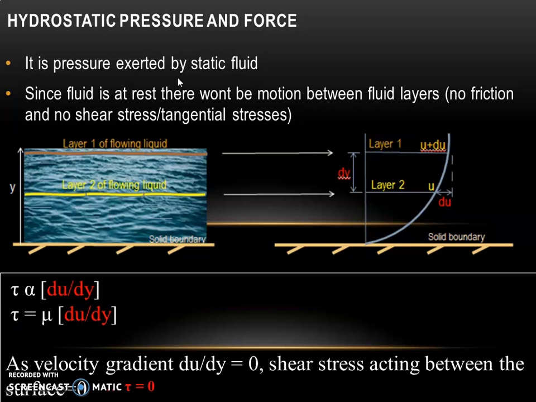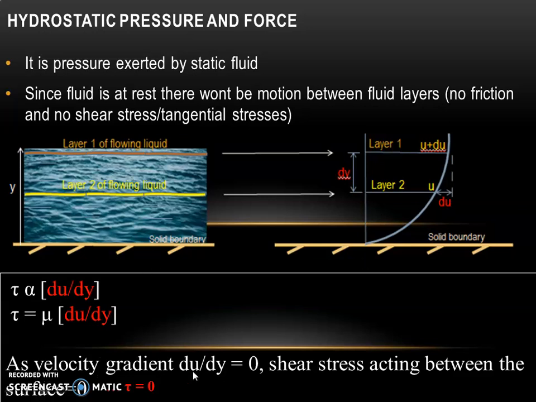But here we are considering static fluid. So, for fluid which is at rest, there won't be motion between the fluid layers. As there is no motion of fluid layers, friction is equal to 0. And also shear stress, that is tangential stress, will also be equal to 0.